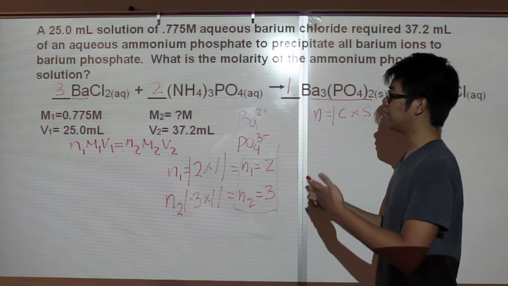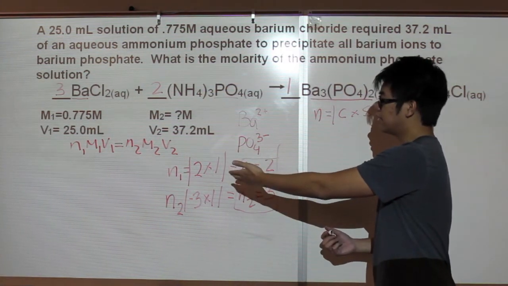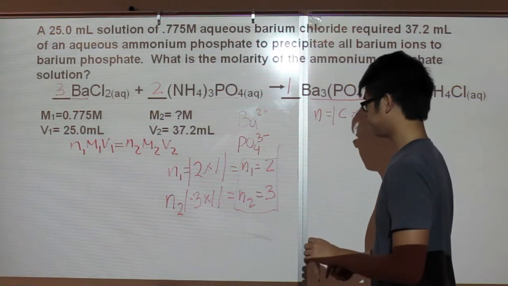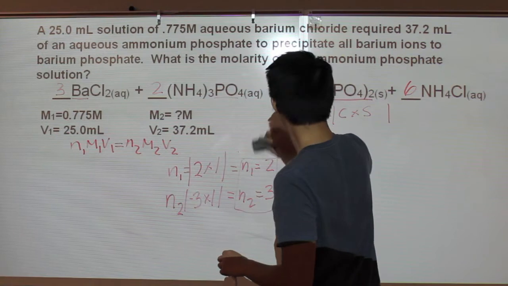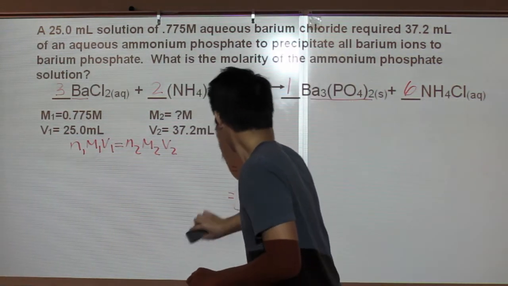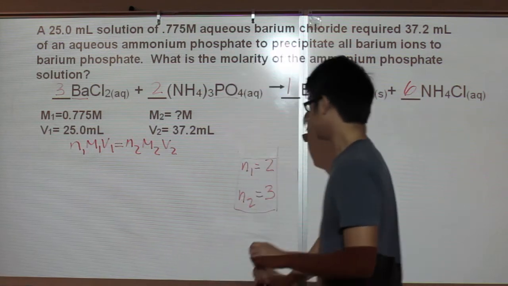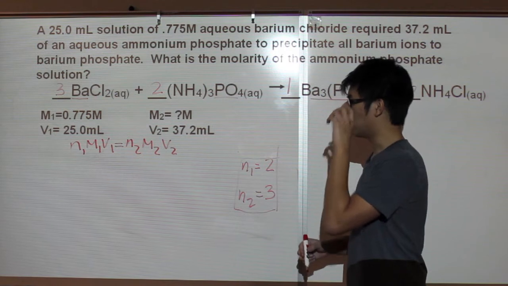So now we can plug this into our new solution-dilution equation to find our new molarity. Let's start with that. Okay, what I want to do now is to keep these numbers here and perform the equation.